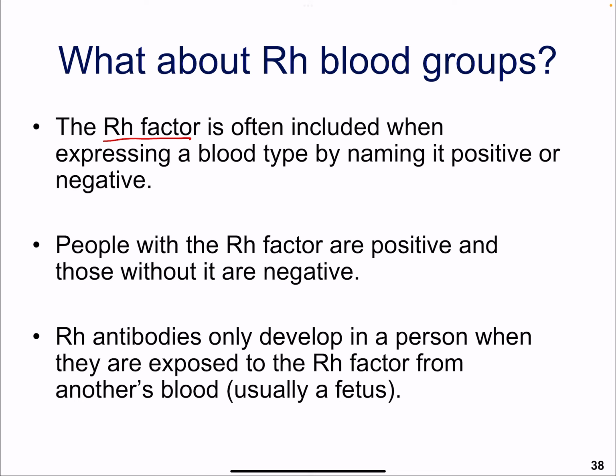Now, if someone has a rhesus factor, so he's rhesus positive, that person obviously is not going to produce antibodies against the rhesus factor. However, if an individual is rhesus negative, that individual is going to produce antibodies against the rhesus factor, obviously when exposed to the rhesus factor, right?